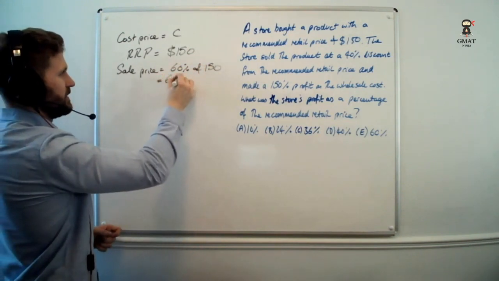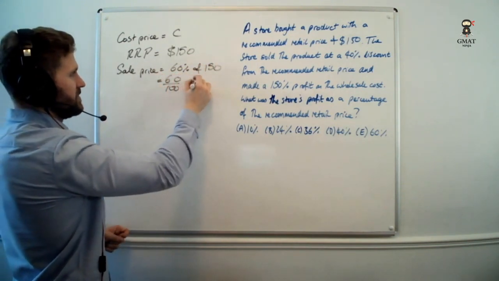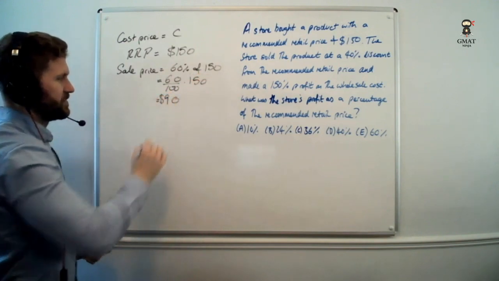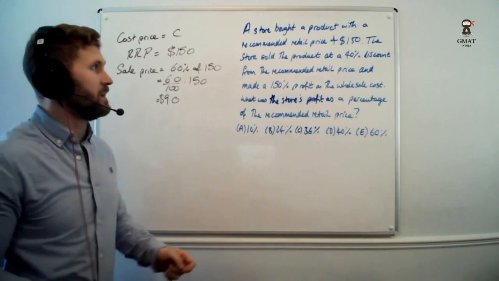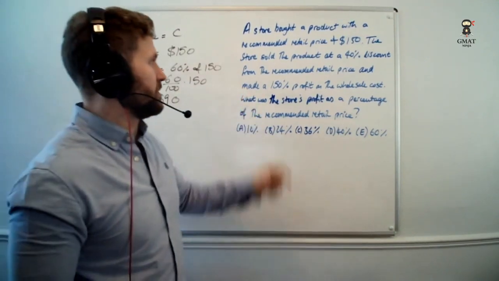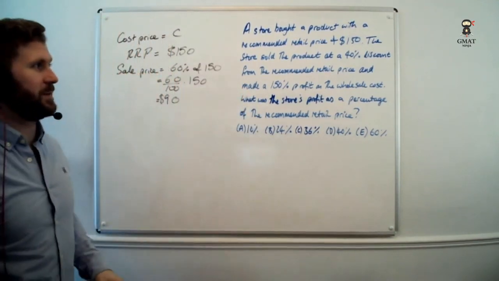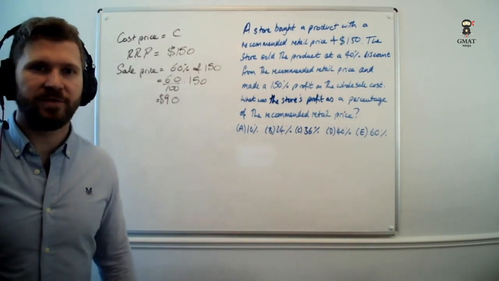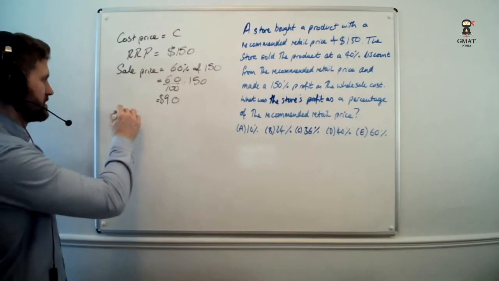Turning that into algebra, 60 over 100 times 150, and you can work out that the sale price is going to be $90. Now, we're then told that the store made a 150% profit on the wholesale cost. Or in other words, the profit is 150% of the wholesale cost.